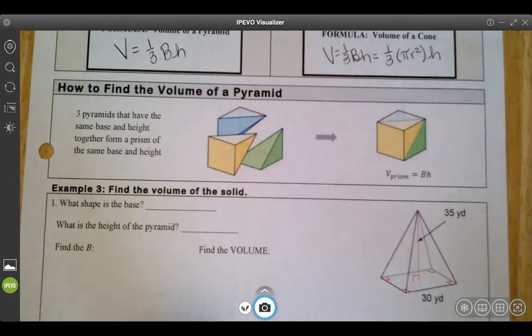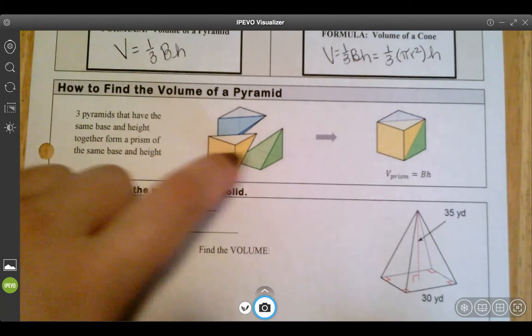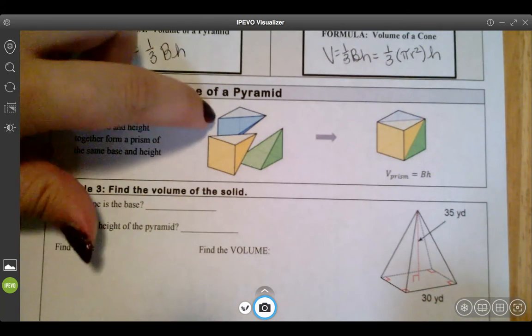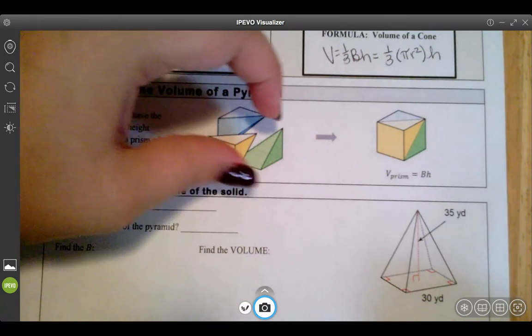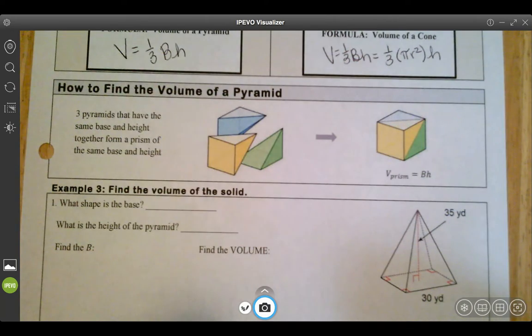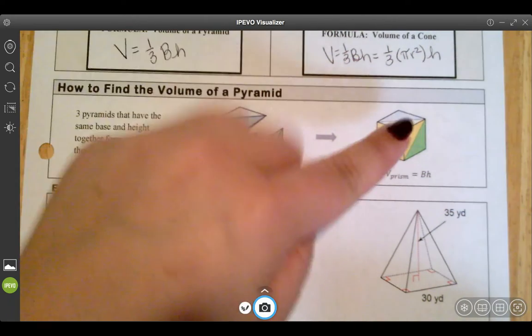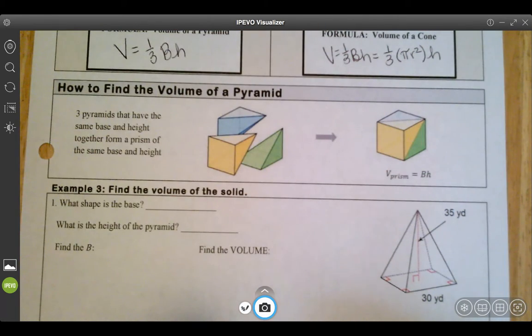So this is what I was talking about, that relationship of 1-to-3. Now, it's hard to visualize it. So there are 3 different colored pyramids here, and they're shaped so that you could see each of those pyramids, if they have the same volume, will fit together into a prism. It's very hard to visualize this.